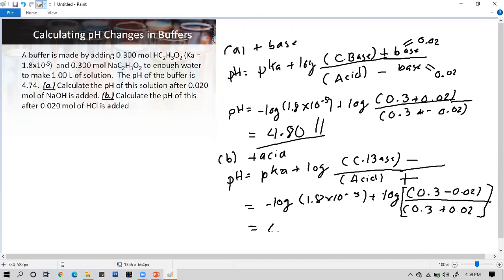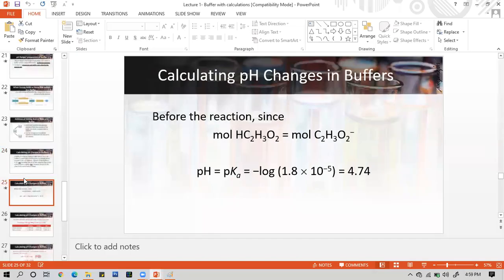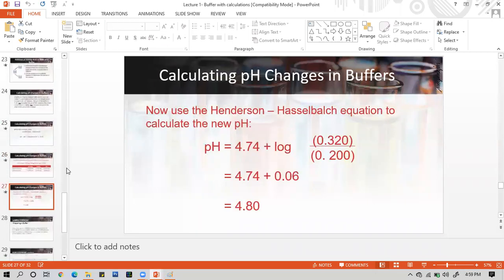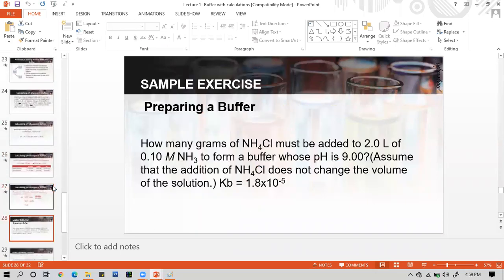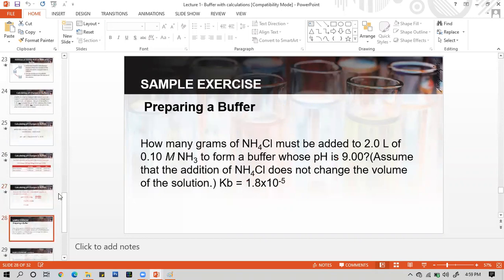We'll have an answer of 4.68. That's the pH. Uy, sir, tama po ba yung pinaggagawa nyo? Siyempre, chi-check natin yan. Tingnan natin. Letter A. Okay. Uy, tumama, di ba? O, sige. O, yun lang.